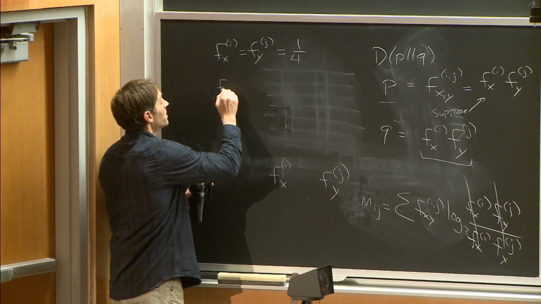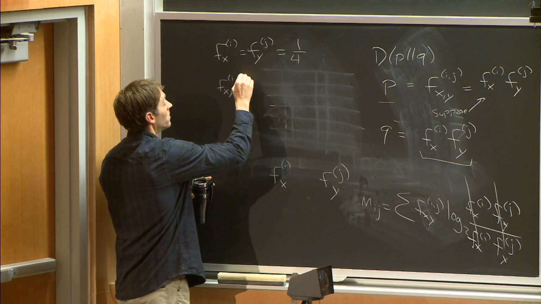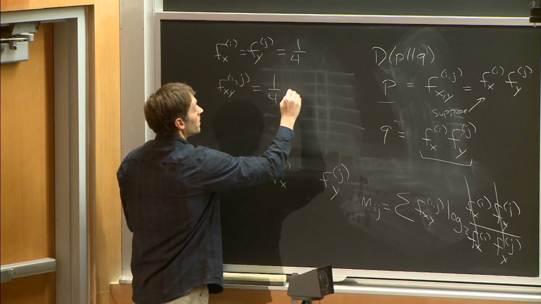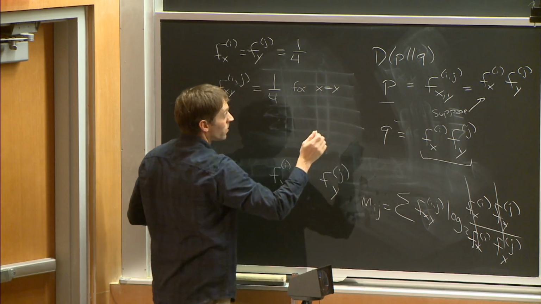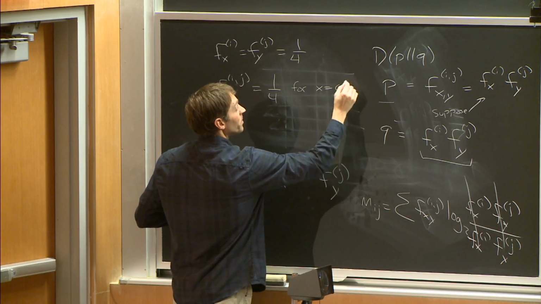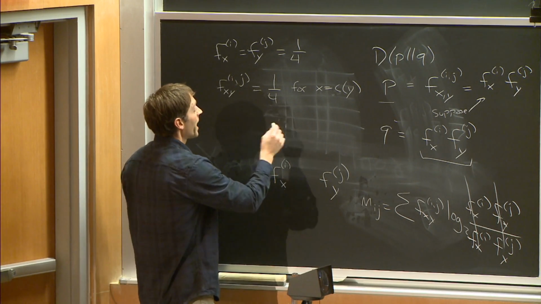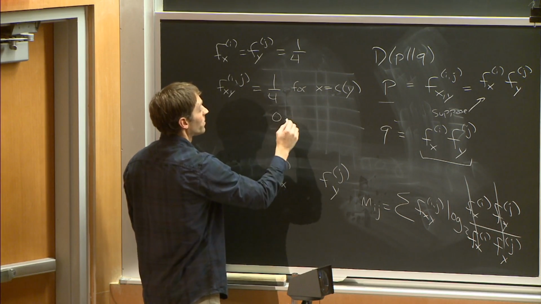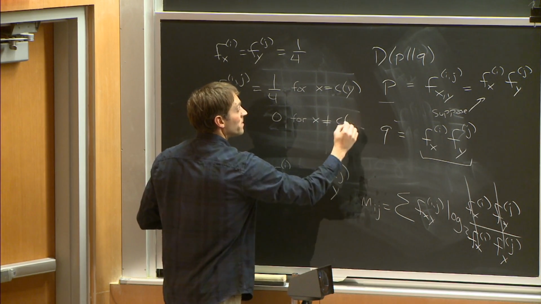But then if f_xy,ij equals 1/4 for, for example, x equals y, or in our case, we're not interested in that, we're interested in x equals the complement of y, where C of y is the complement of y, and 0 otherwise for x not equal to the complement of y.